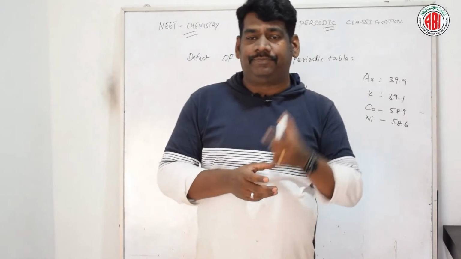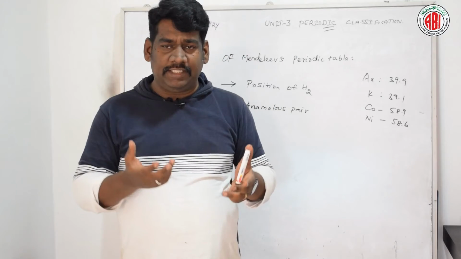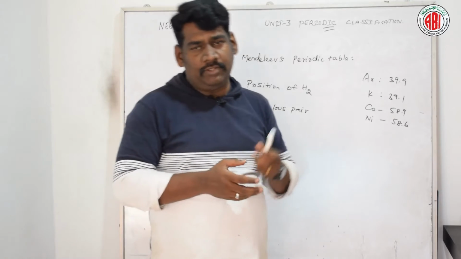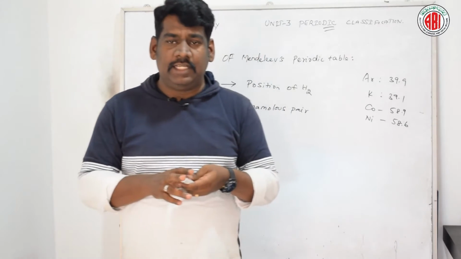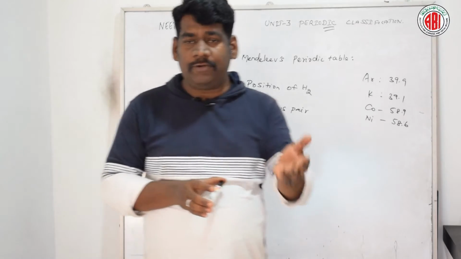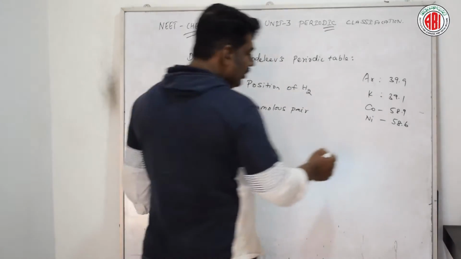Similarly, we can see one more example with tellurium and iodine. Tellurium, with an atomic mass of 127.6, is placed before iodine, which is 126.9.